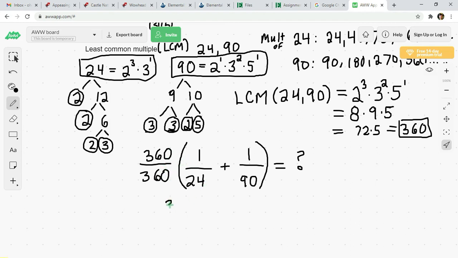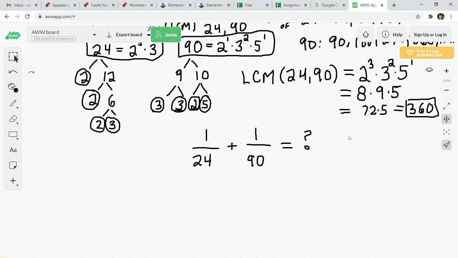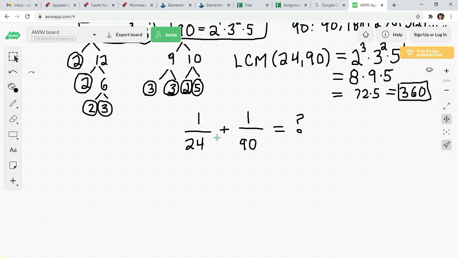When we do that, we get 360. Actually, I take that back. Let's not multiply by 360 over 360. Let's get rid of these parentheses and make it so that we'll end up with 360 in the denominator for both fractions.